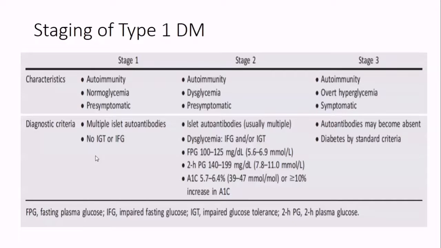That means there is always an elevated blood glucose level, and this is a symptomatic stage. Because it takes a longer time to develop, autoantibodies may become absent by this time. So diabetes can be detected by the standard criteria which we discussed in the previous slide.